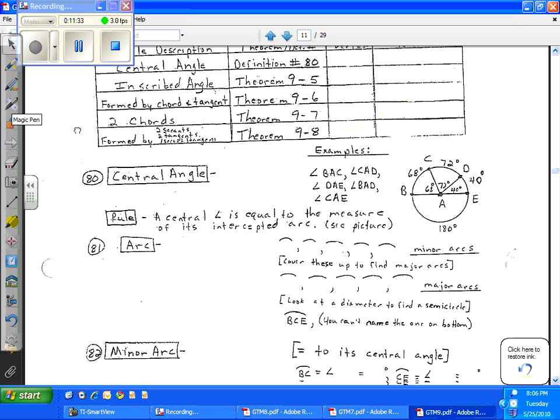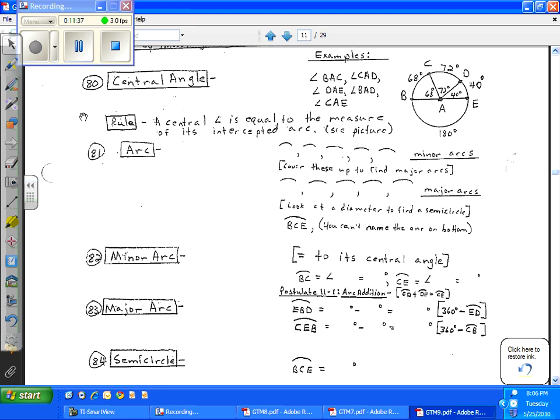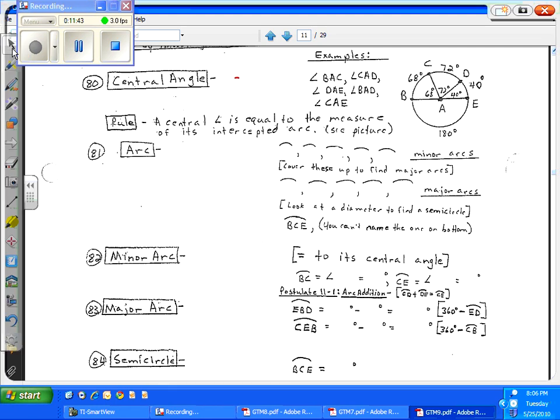Okay, so now we're really going to start learning these one at a time. A central angle is an angle whose vertex is the center and whose sides are radii of the circle.